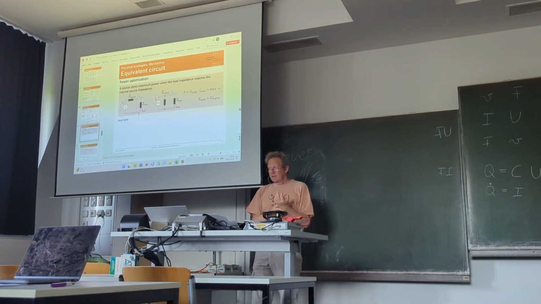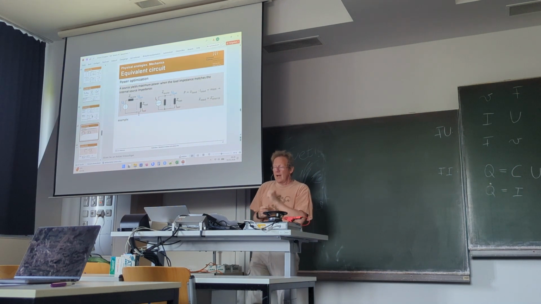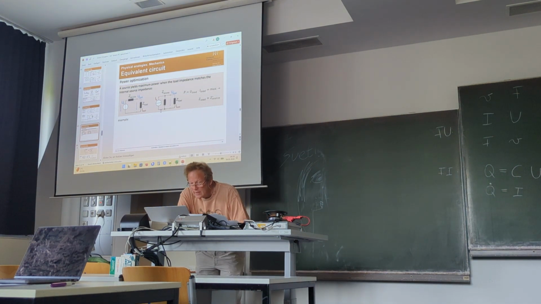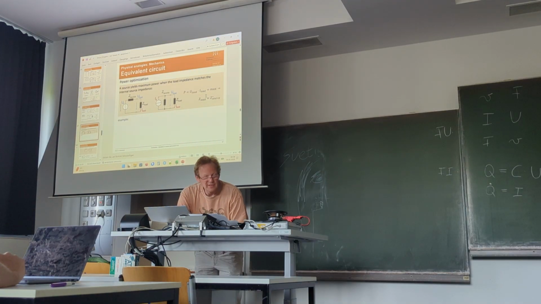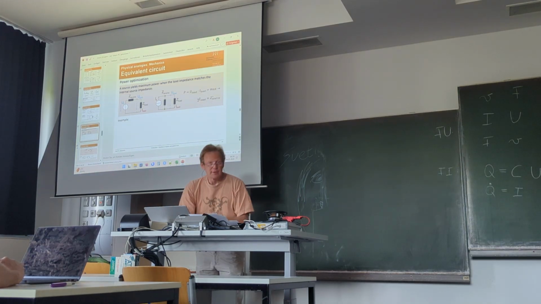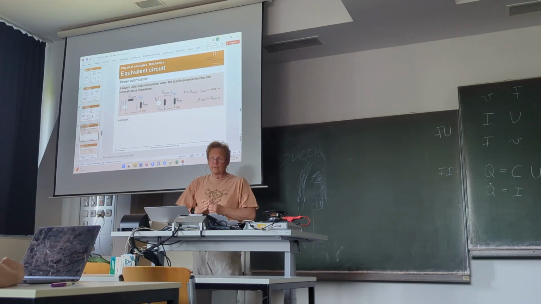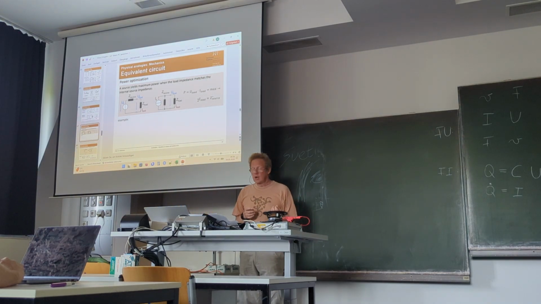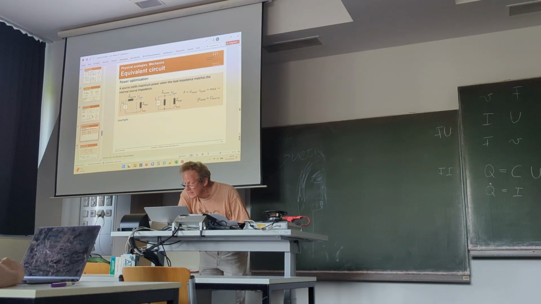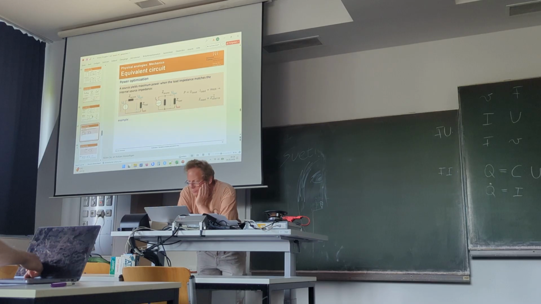Somewhere in between, there must be a maximum of power. And actually this is if the load impedance is nearly the same as the internal impedance. But if it's a complex resistance, so if it does contain capacity or inductivity, then it should be the complex conjugated value.